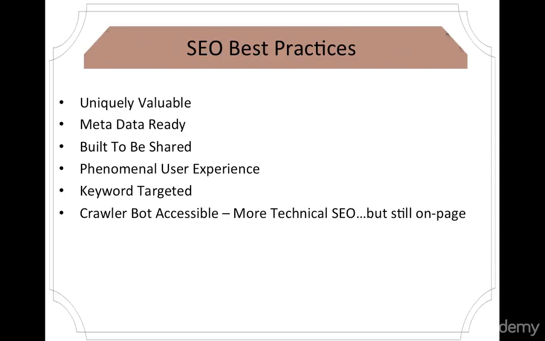And then lastly, but just as important, is what we call crawler bot accessible. This is more of a technical SEO thing, but it's still kind of on page, right? Because if these crawlers, or Google's bot, for example, cannot crawl your site, then how can you show up in Google?